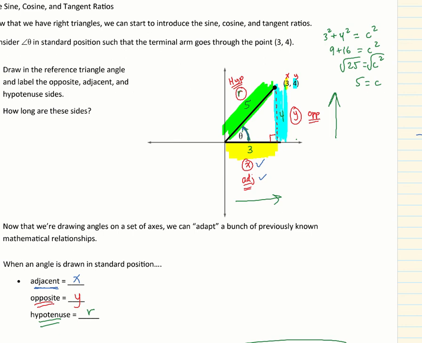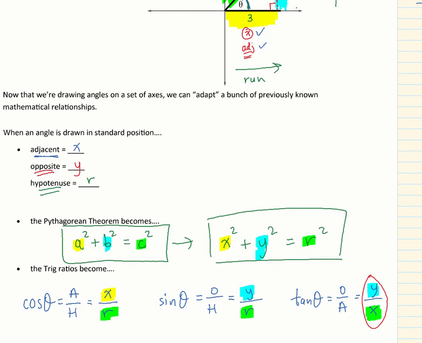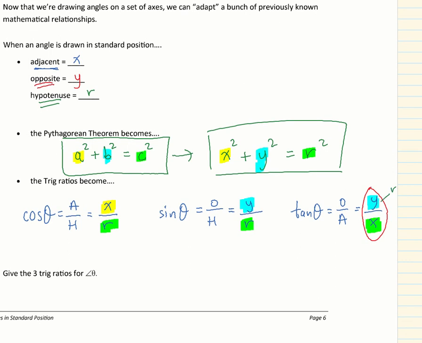So y over x is like saying rise over run. So yet another set of names we can give these sides is rise and run, for going up and going sideways. So tan is really just rise over run. For that reason, tan is slope. That's a very helpful thing to understand about tan.